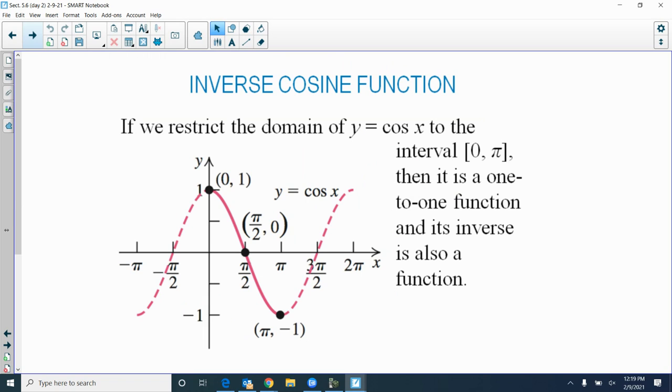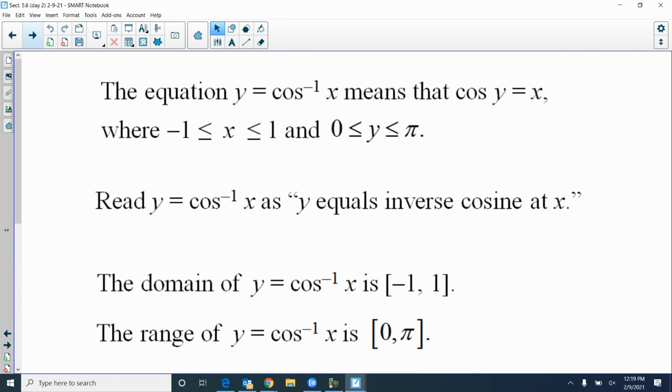Cosine's different though. If you restrict it from negative pi over 2 to pi over 2, it doesn't give us all the possible values. So we have to change it to 0 to pi. That's why it's a little bit different. The domain is still the same. I can only plug in numbers from negative 1 to 1, but I will get back answers 0 to pi, which is quadrants 1 and 2.